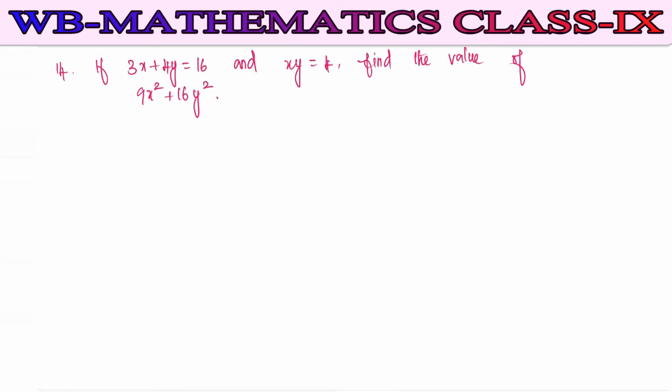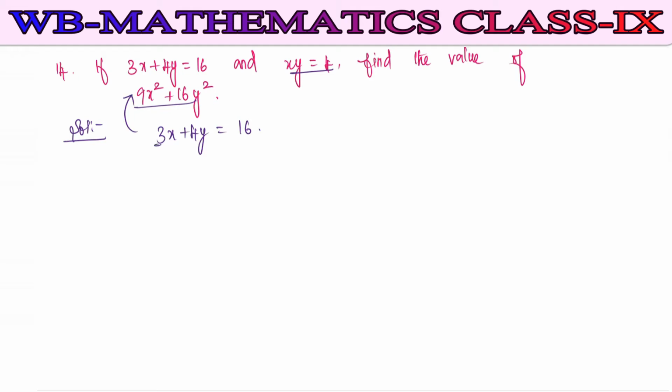So here the 14th one: if 3x plus 4y is equal to 16 and the xy value is 4, we need to find the value of 9x square plus 16y square. Actually the given equation is 3x plus 4y is equal to 16. Now we need to find the value of 9x square plus 16y square.